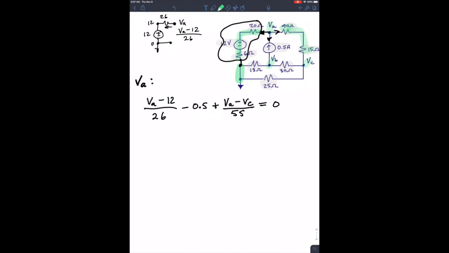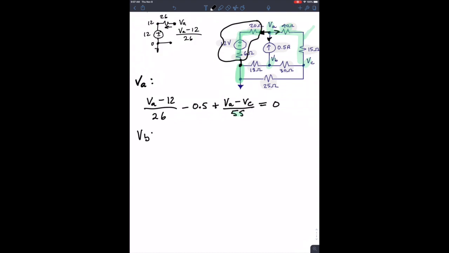Here it was the 12 in series with 26. The equivalent resistance on this branch coming back this way is 40 in series with 15, and that's how we get this 55 on the bottom. Okay, so that's the VA node.